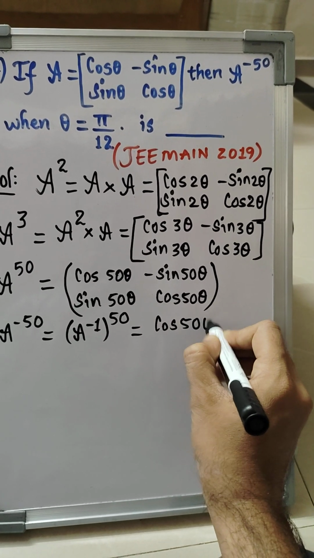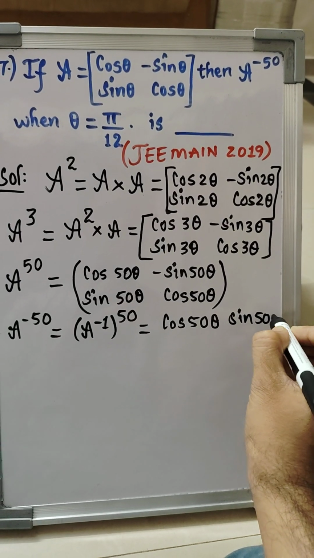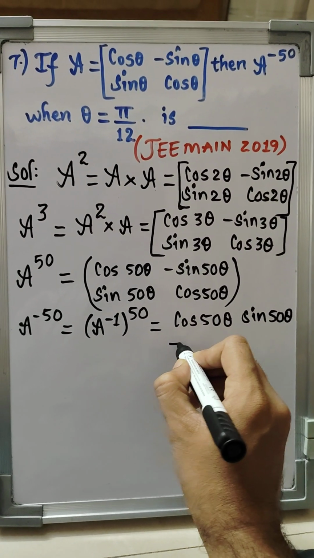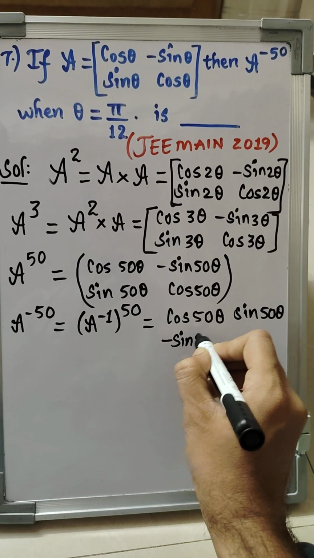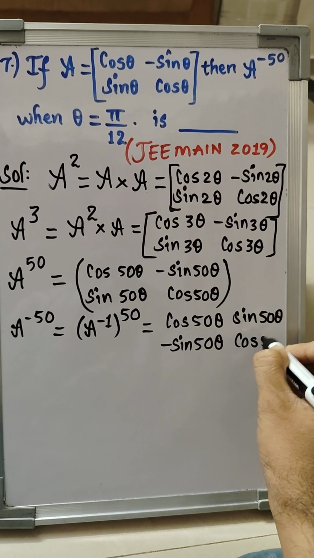cos 50 theta, sin 50 theta, minus sin 50 theta, cos 50 theta.